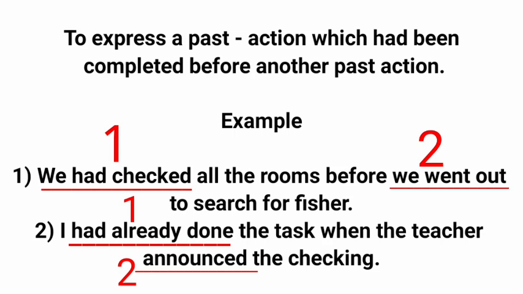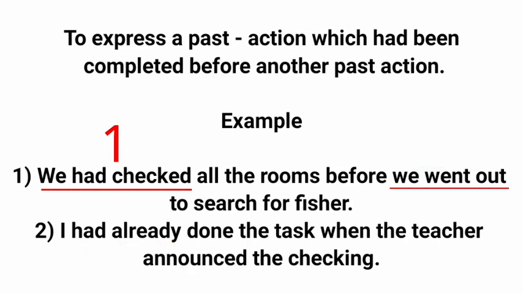So the task which had already been completed will take past perfect tense, and the task which has taken place later will take simple past tense. So interesting it is that in one sentence you are using two tenses and the action which takes place before is taking past perfect and action that takes place after takes simple past tense.